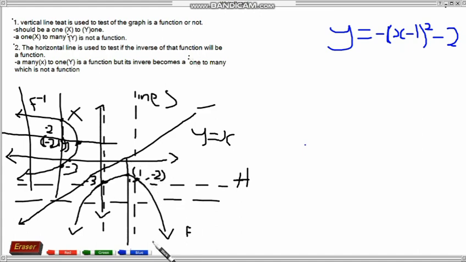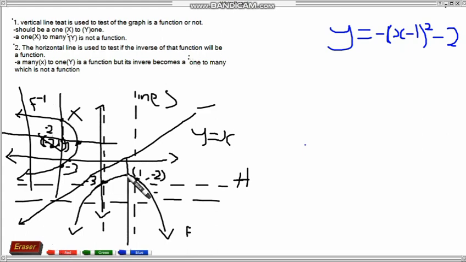If I erase this part and only leave this part, the reflection of this part is this part. So from the inverse, this part won't be there, meaning I'll only be left with this part. And if you draw the vertical line, the graph will only be touched once.